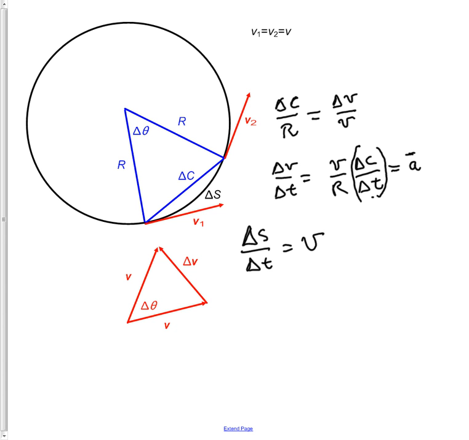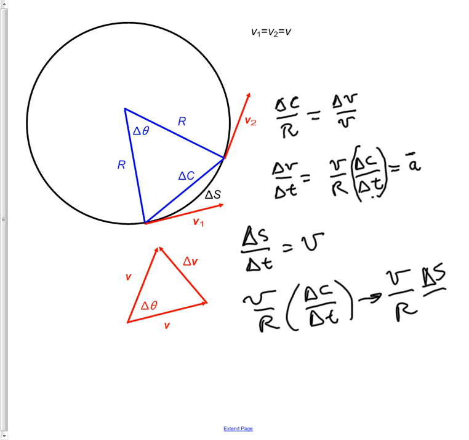And so what we find is that v over r times delta c over delta t approaches v over r delta s over delta t as delta t approaches 0.